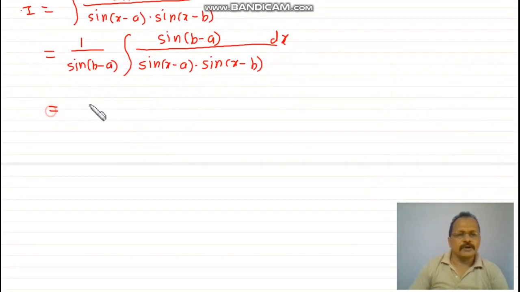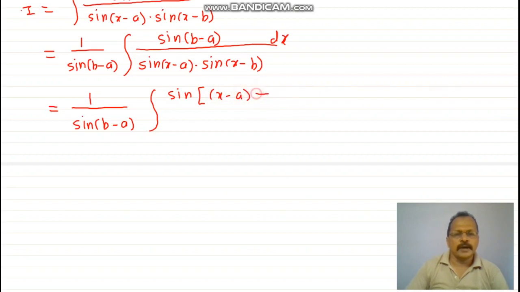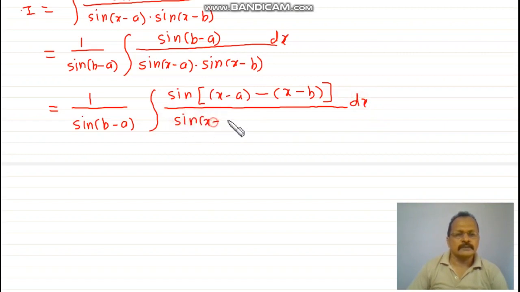This is equal to 1 upon sin(B minus A) into sin of (x minus A) minus (x minus B), divided by the denominator as it is, sin(x minus A) into sin(x minus B).